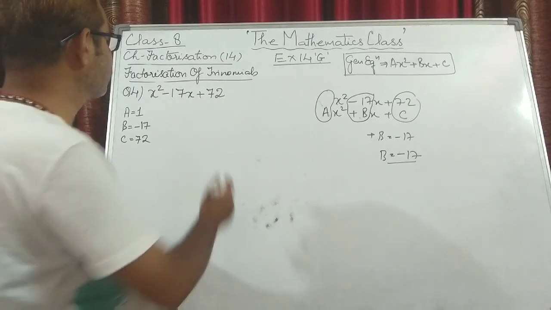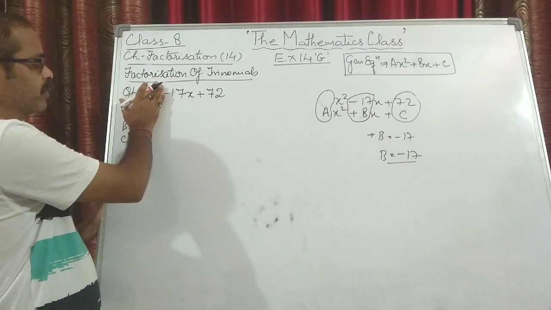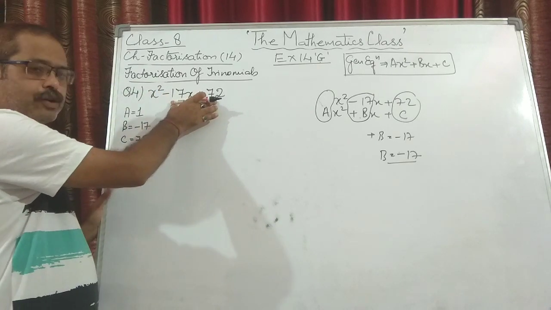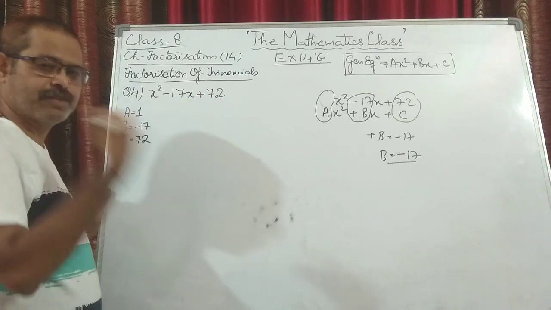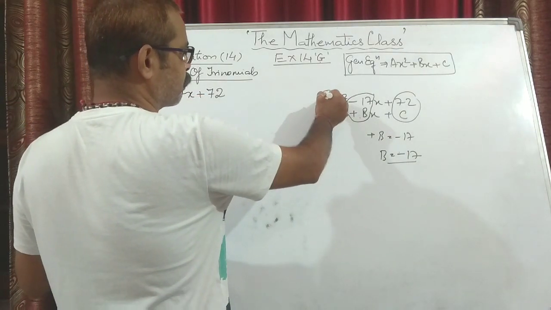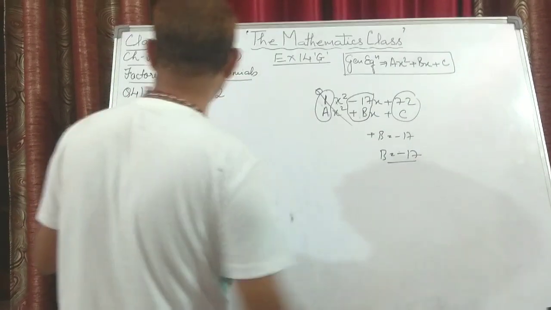And if it becomes 0, then the first term will disappear and this will become a binomial, not a trinomial. So the question will be wrong. So always, if nothing is given before x square, we always take it as 1. We will never take it as 0. I hope this is clear to you all.